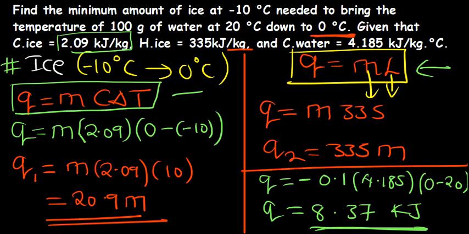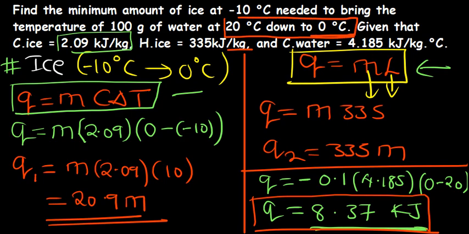So one thing that you need to understand is this is the amount of energy that is required to cool down from 20 to 0 degrees Celsius. Now that very amount of energy is the amount of energy that is supposed to be lost by the water for it to cool down. It is the amount of energy that will be required to cool down the ice and also convert its state. Now we need to determine the amount of ice that can require that much energy.